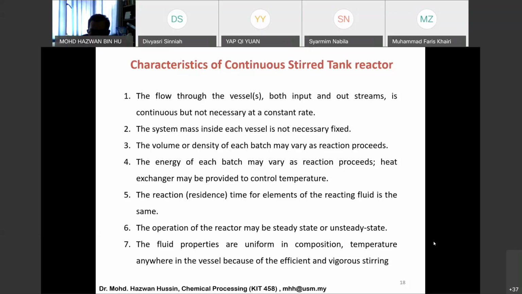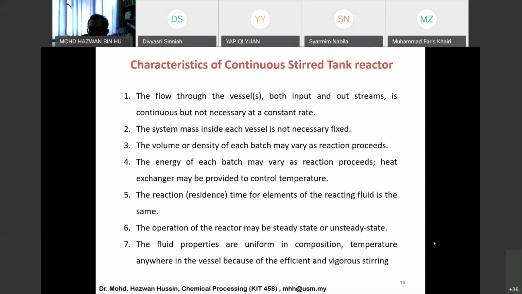The energy of each batch may vary as the reaction proceeds. A heat exchanger may be provided to control temperature, and the residence time for elements of the reactive fluid is the same.